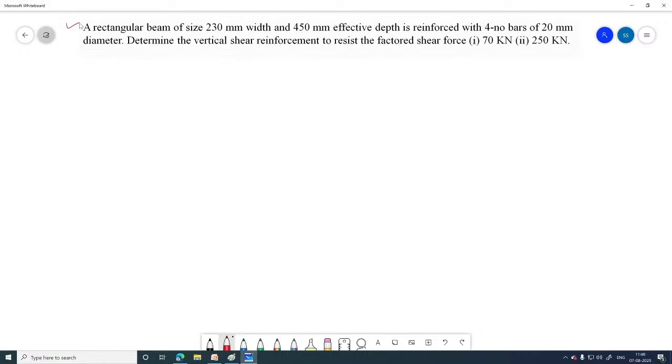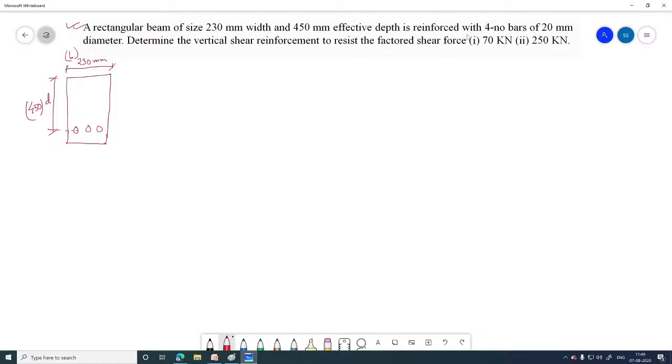Here it is said that a rectangular beam of size 230 mm width. If you consider this as the cross section of a beam, the width B is 230 mm and the effective depth D is 450 mm.